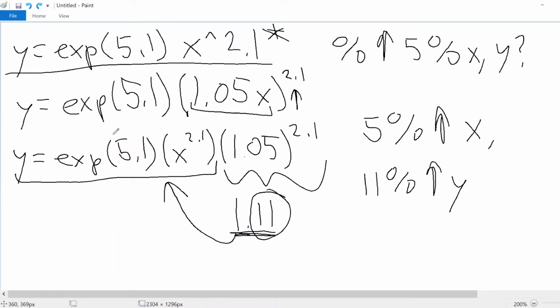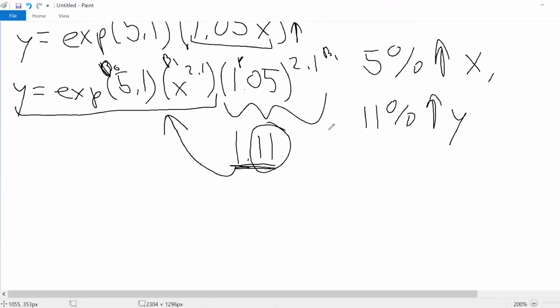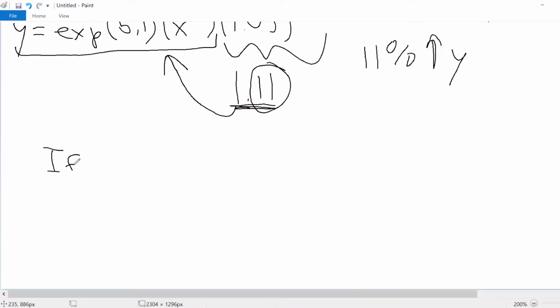Well, I don't want to have to go out and do this math every single time, right? We can start to notice that this 5.1 is our original intercept, beta naught, and this 2.1 was our slope, and then we've got some percentage p. So we can write this out as the following. If x increases by some percentage p, y will also increase by the following.